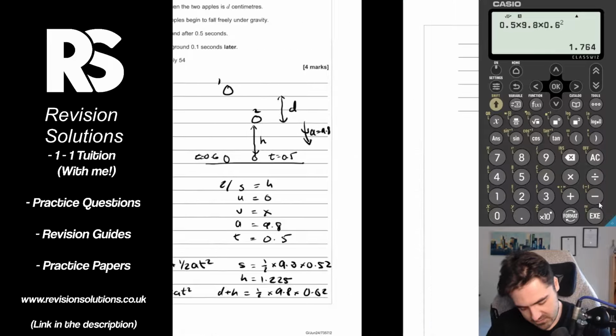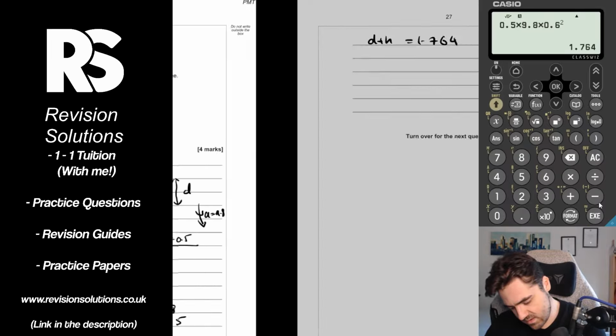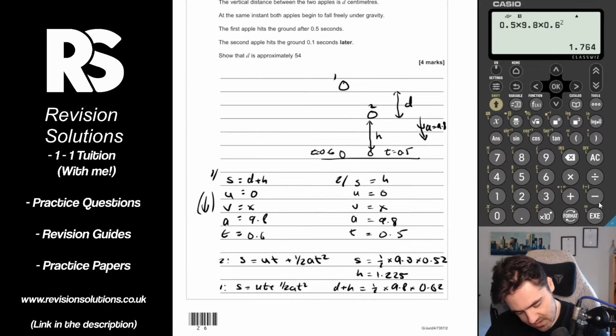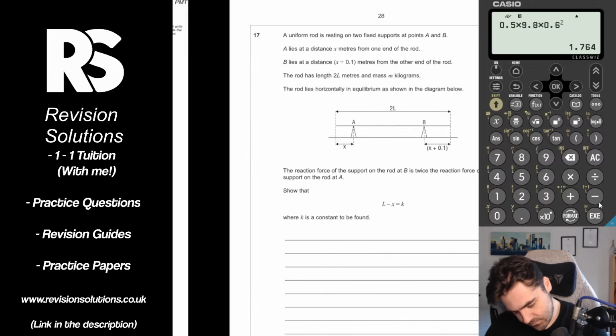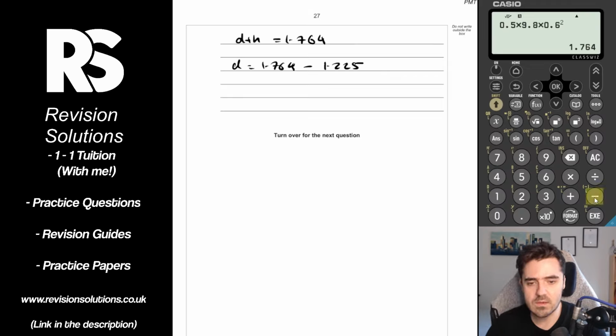That's 1.764. So we know d plus h is 1.764. And then the d we want is going to be minus the 1.225 we got for h. So d would be 1.764 minus the 1.225. Take that away.